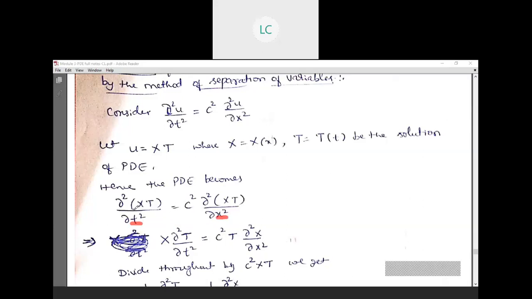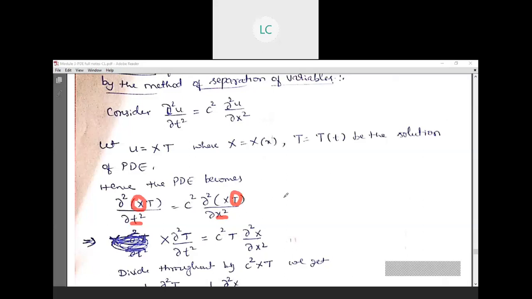In partial derivatives, if you are differentiating with respect to t, we can treat the other variable as constant, and if you are differentiating with respect to x, we can treat the other variable as constant. Capital T is a function of small t only, so here we can treat X as constant. Here also we can treat T as constant because we are differentiating with respect to x, and capital X is a function of small x only.